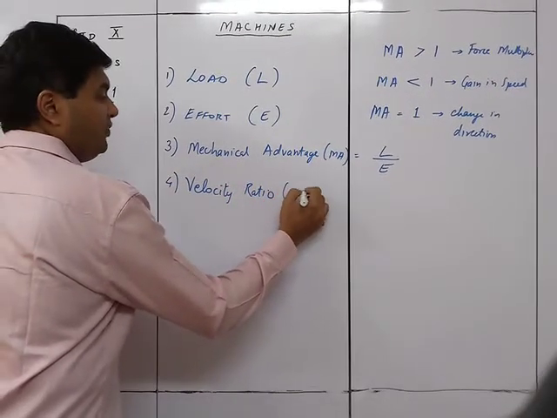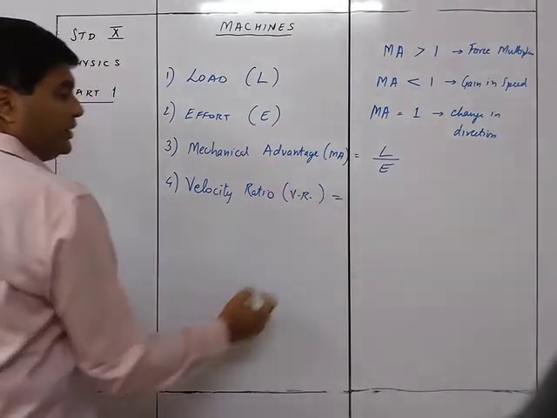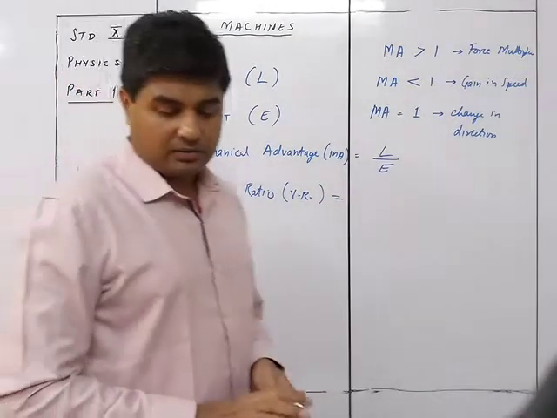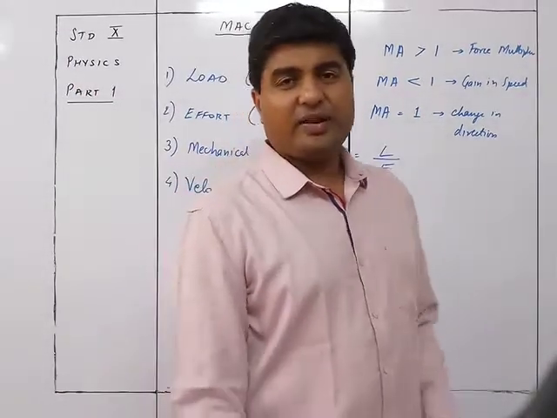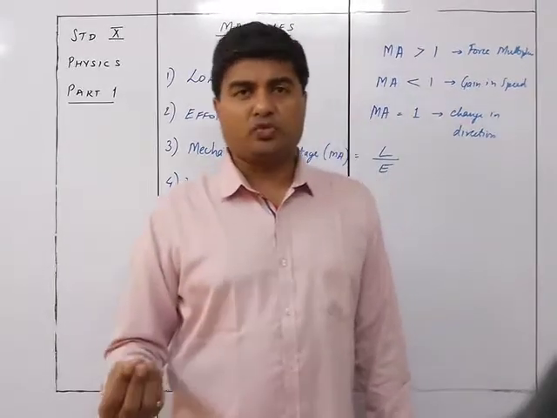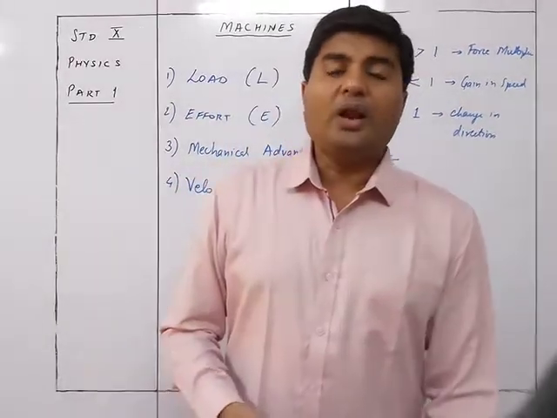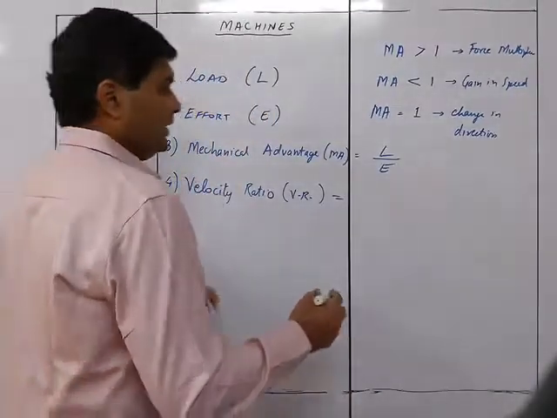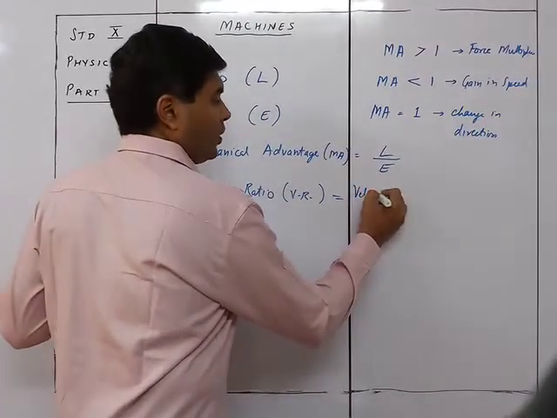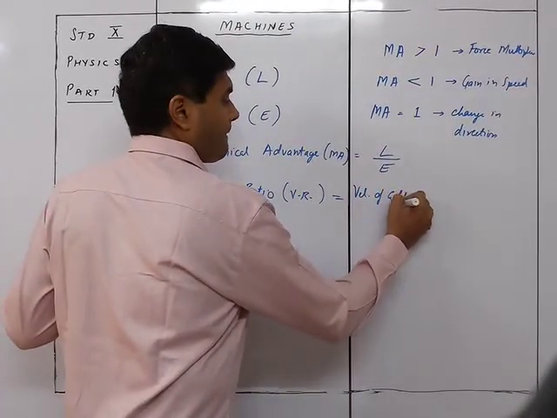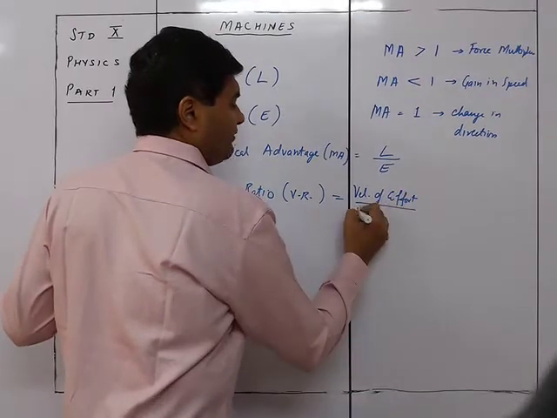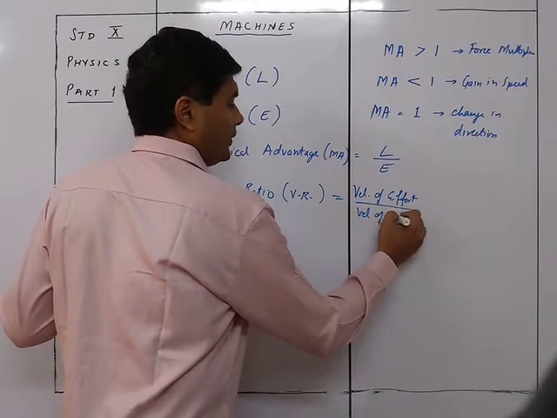So that is VR. Velocity ratio is given as VR. What is velocity? The speed with which something is going to work. So here velocity ratio is the velocity of effort upon velocity of load.